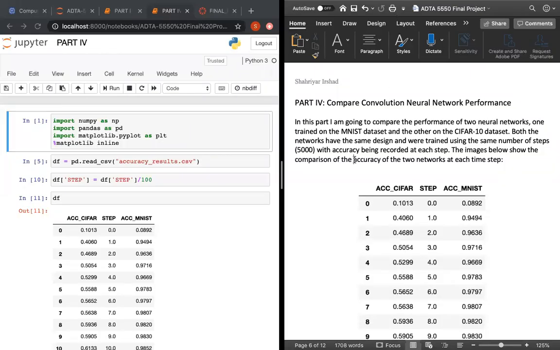I'm going to continue now with part 4. In part 4, we had to compare the performance of two neural networks, one from the CIFAR 10 dataset, which we built and trained in part 3, with the neural network we trained with MNIST's dataset in homework 4.